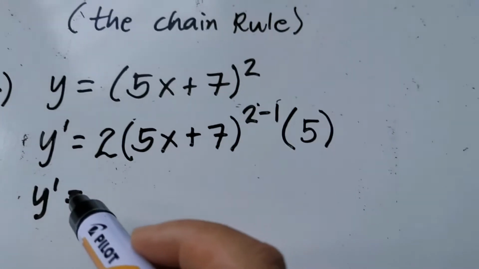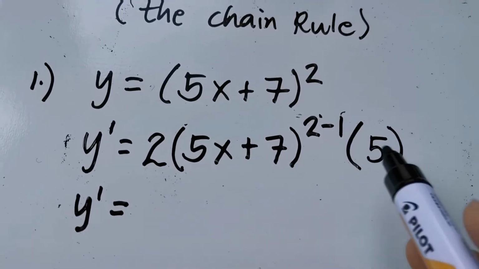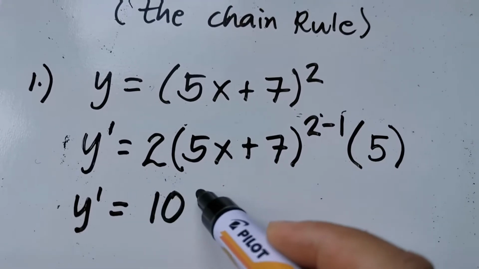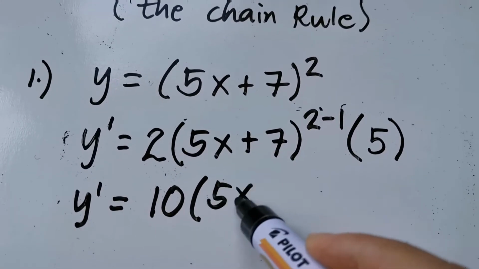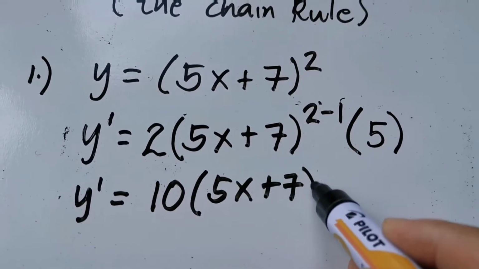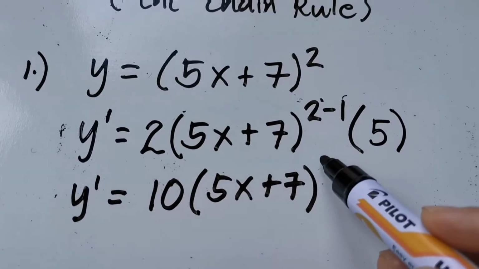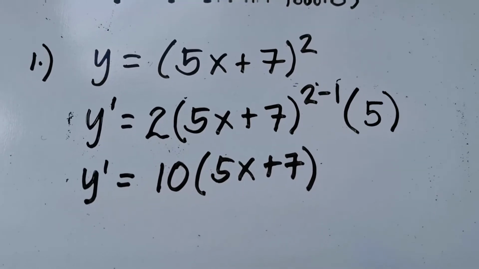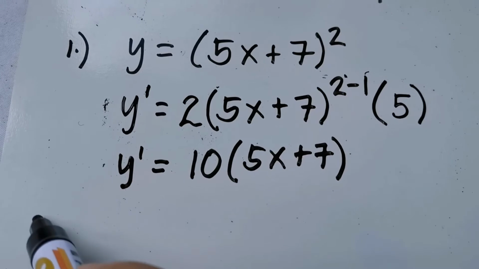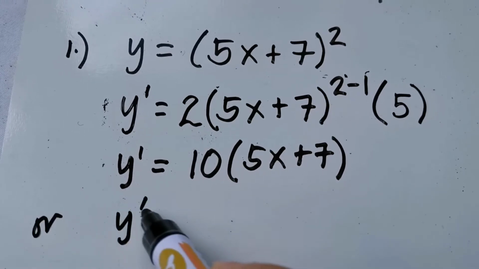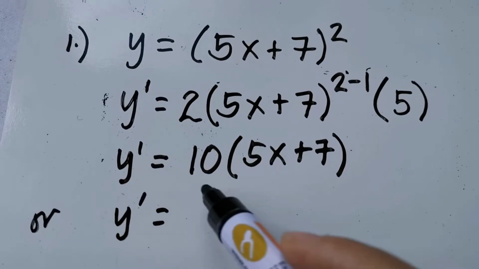Then simplify. Our final answer is, we can multiply 2 times 5, we have 10 times 5x plus 7. Then we have 2 minus 1 is 1, and we don't need to write 1 here. We can express our answer in factored form, or we can simply multiply this using the distributive property of multiplication.